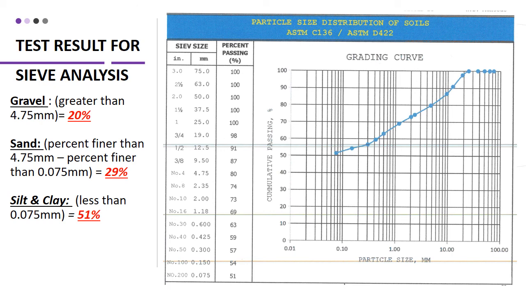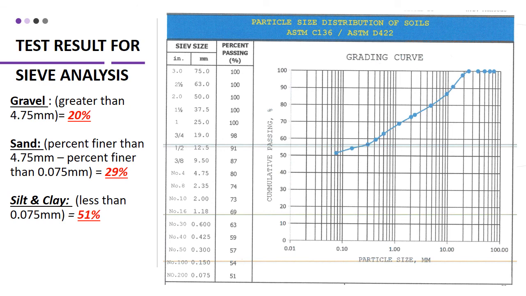So 80 minus 51 is equal to 29%. So that basically means that the soil that I have obtained contains 29% sand.